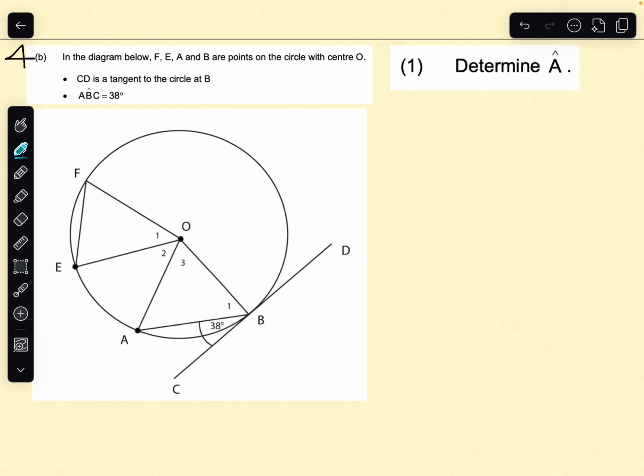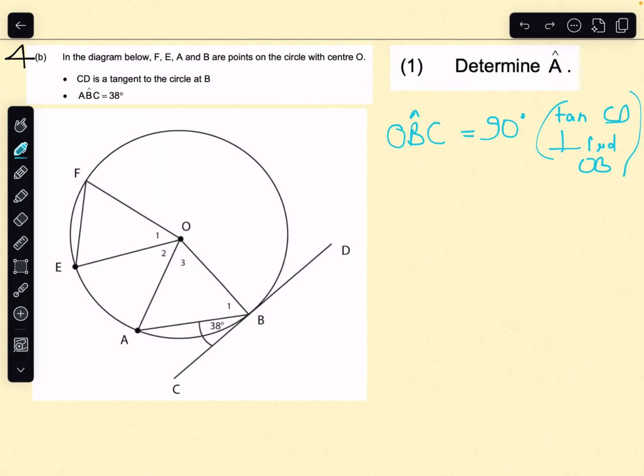So we know that angle OBC is 90 degrees. And that's because of the tangent CD being perpendicular to the radius OB.